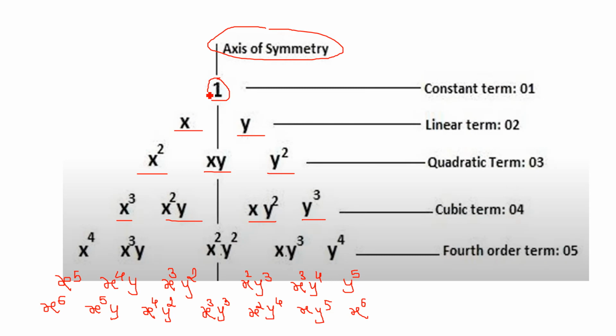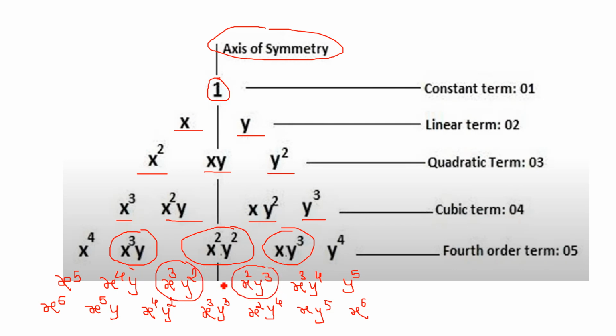So 10 elements are up to this y cube. Then we will select x cube y, x square y square, x y cube. These 3 make 13. Then we will select x cube y square, x square y cube.